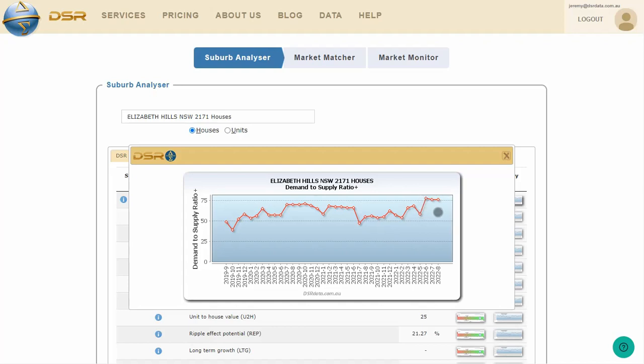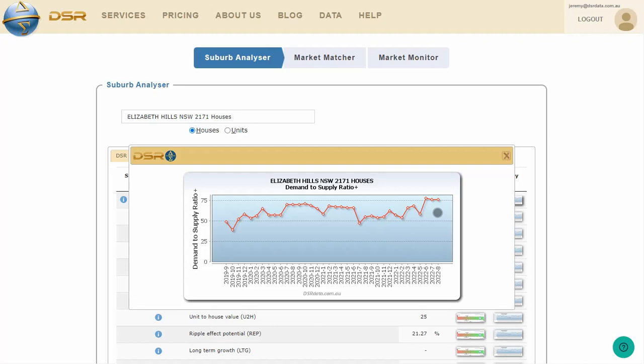I would have immediately rejected this market because of that volatility. This is not a potential investment opportunity. But now looking at the historical chart, there are 2 more months of similar DSR Plus scores. So now I have more confidence that this market might be a decent opportunity. And there's something else too.